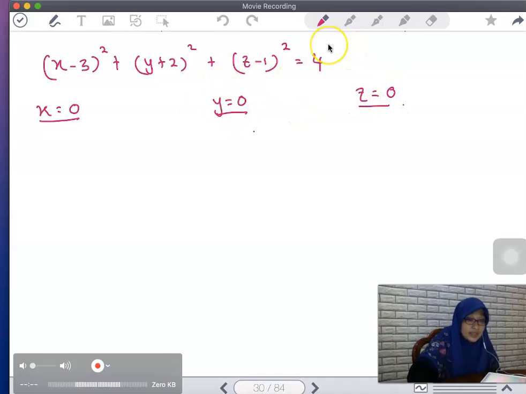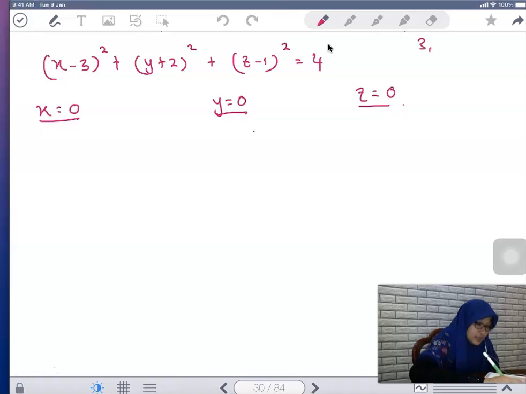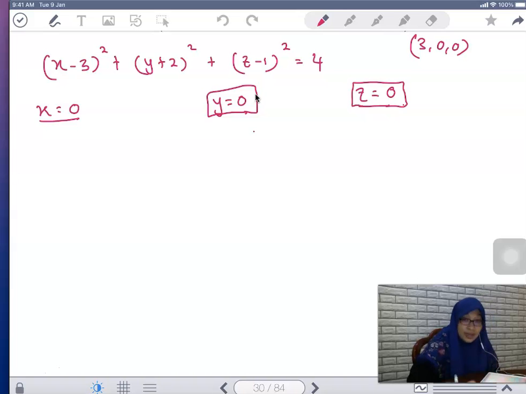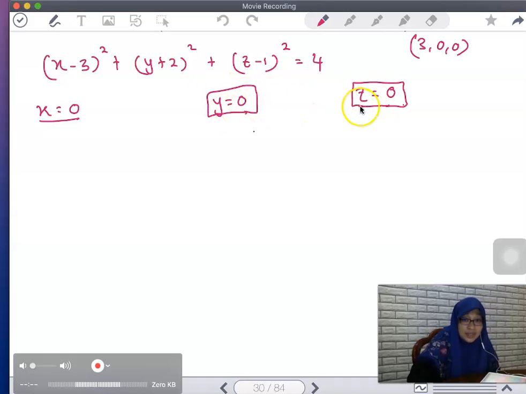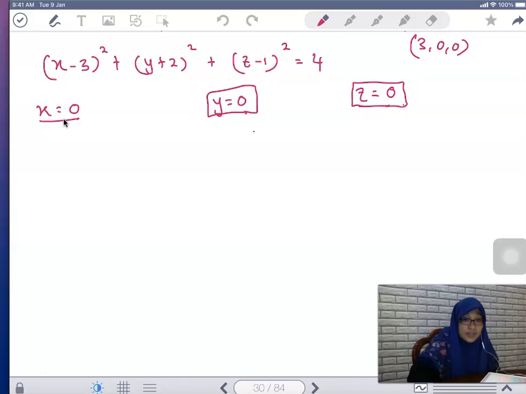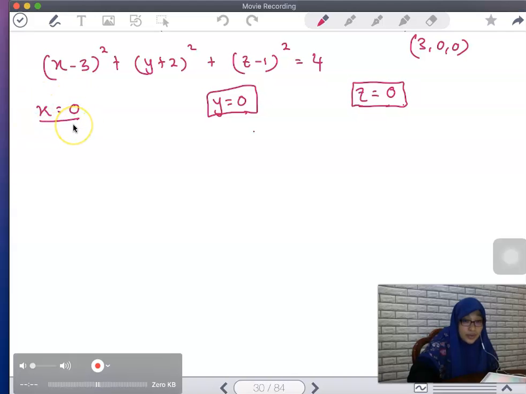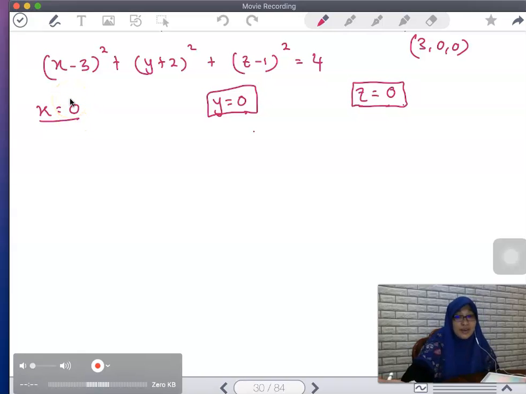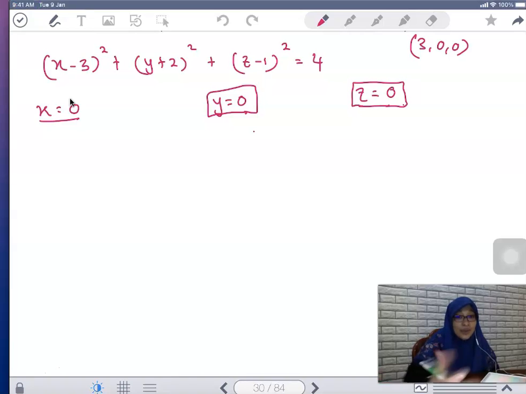In this case, the center is at 3, 0, 0. So for y and z, they are on y equal to 0 and z equal to 0, so you can choose y equal to 0 and also z equal to 0, since they pass through the coordinate planes. But this graph is not symmetrical about x equal to 0 because it has shifted. The center is no longer at the origin, it is shifted to x equal to 3.